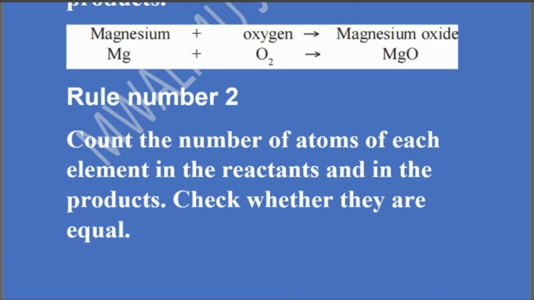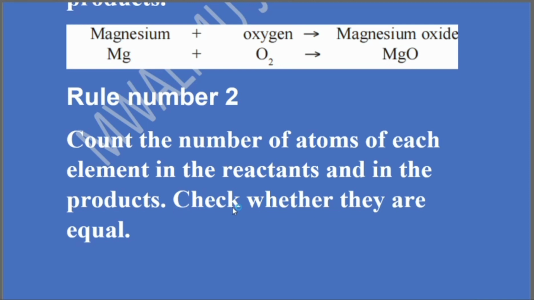We count the number of atoms of each element in the reactants and in the product, and then we check whether they are equal. After having counted, we check whether on the reactants and the products those numbers of atoms are equal. So, balancing the number of atoms for each element in the reactants and product.